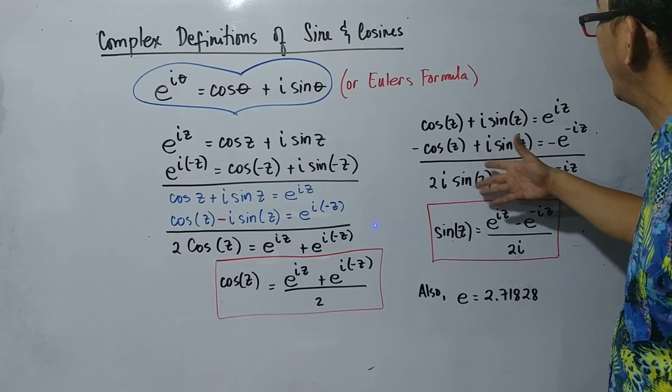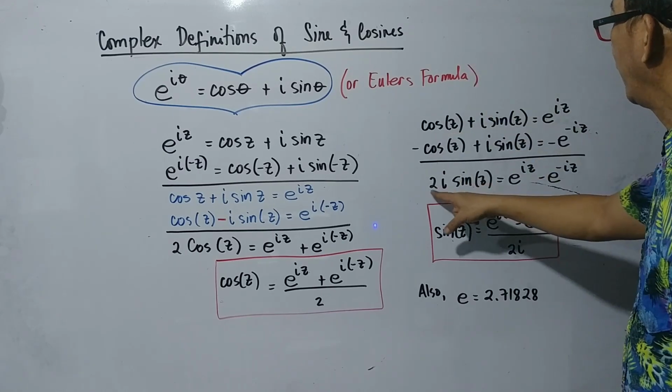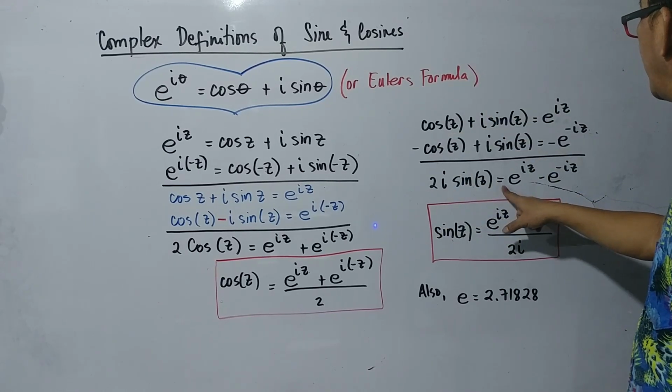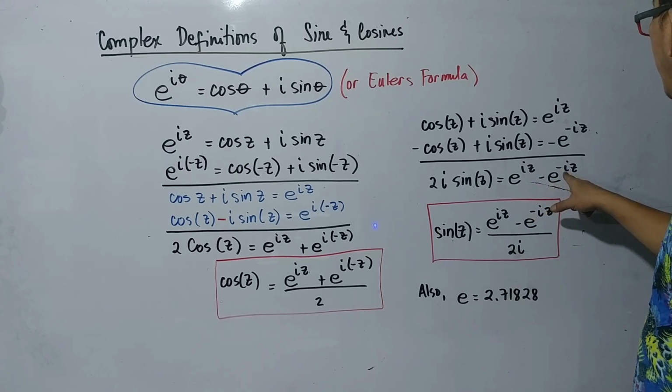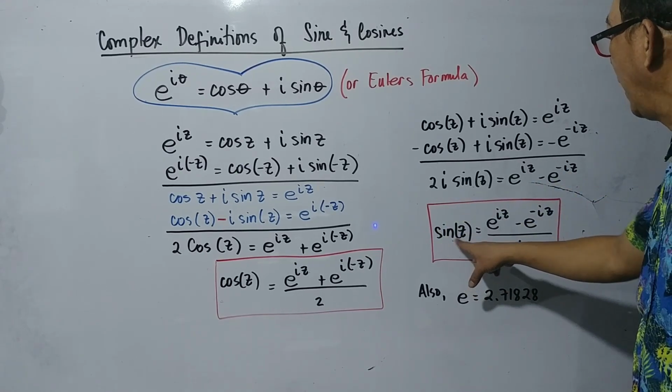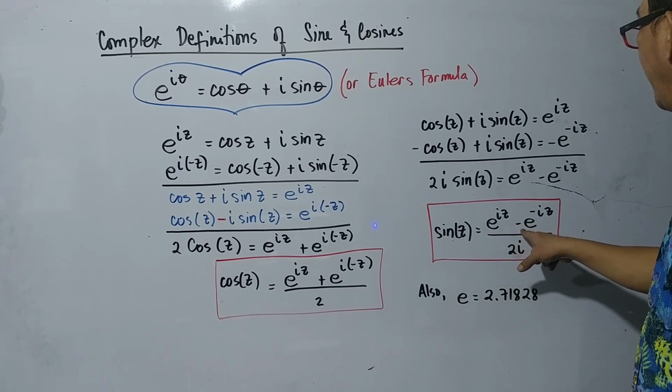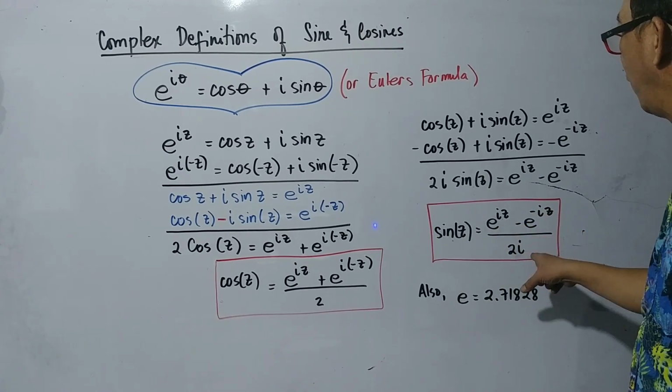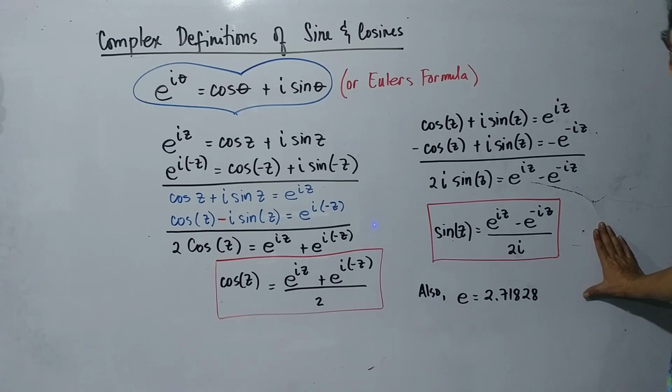Then you add, this becomes now 0. So you have now 2I sine z is equal to e to the iz minus e to the negative iz. Bring down 2 here, you have now sine z is equal to e to the iz minus e to the negative iz all over 2i. This is also now the other form of sine with respect to e. Remember also that e is equal to 2.71828.